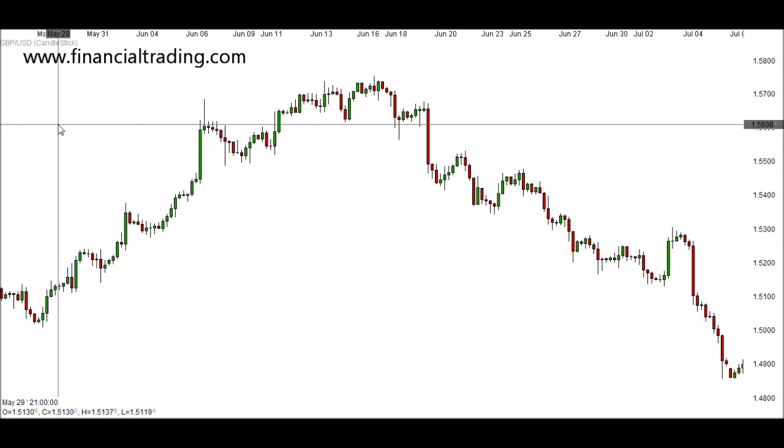Throughout June, we have an uptrend, which becomes a downtrend. This area, where price changes direction, would be considered a major resistance area in the market.